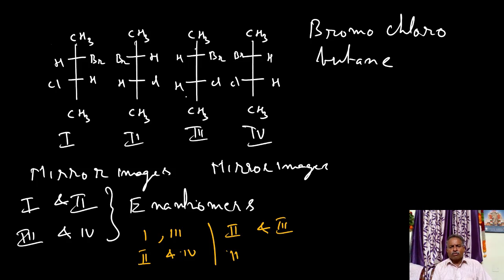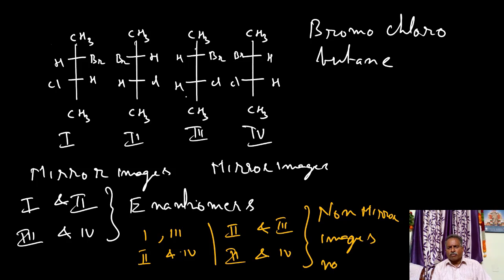They are non-mirror images and non-superimposable. Such isomers which are non-mirror images and non-superimposable are referred to as diastereomers. So the pairs 1 and 3, 1 and 4, 2 and 3, 2 and 4 are diastereomers.